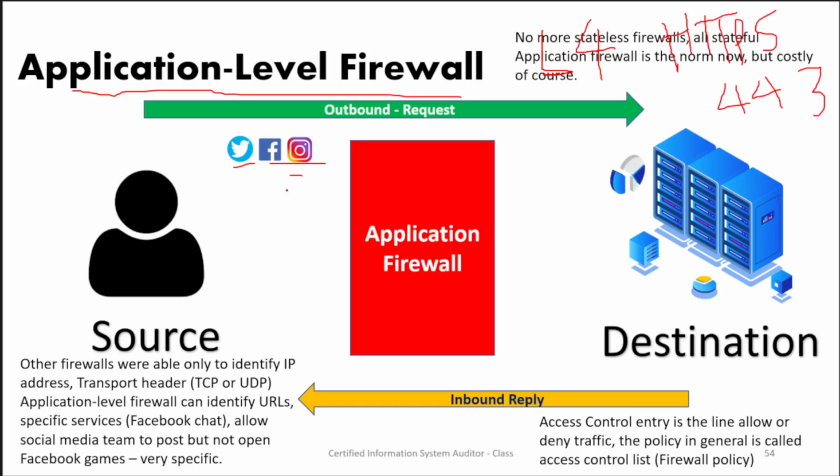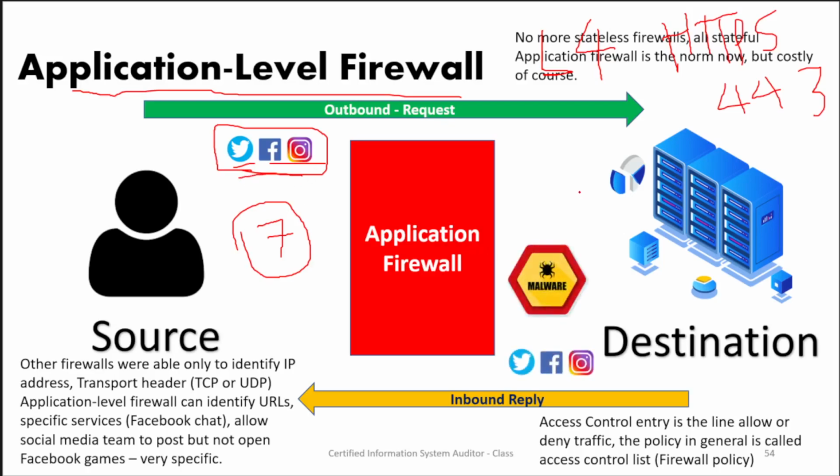The reason it can read these applications is that it can understand up to layer 7. If you remember the OSI model, we said that in OSI we see the traffic as a human can see it. So an application level firewall can read applications, so it is able to detect malware.